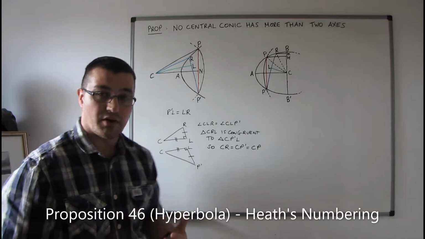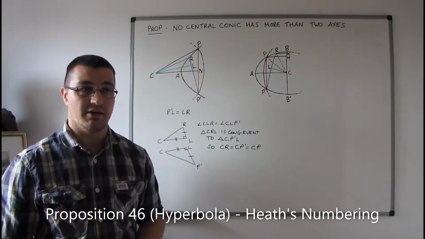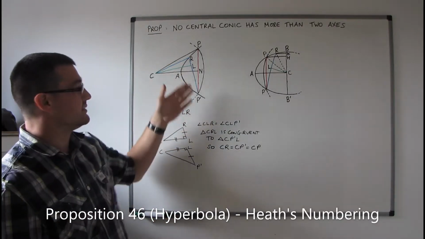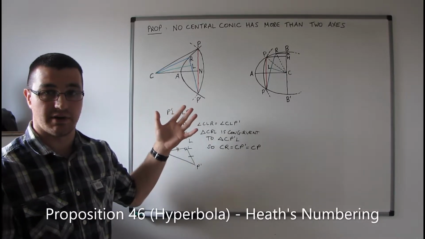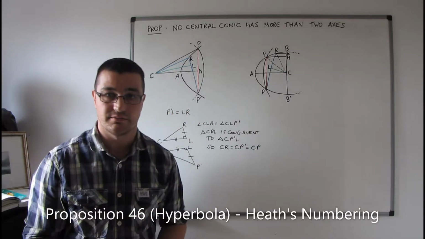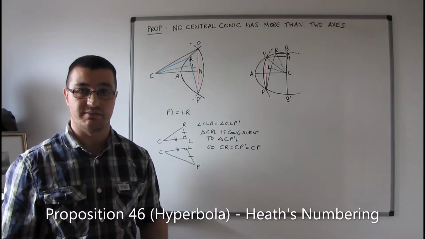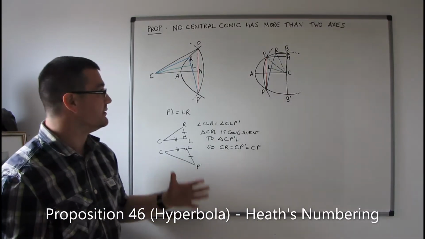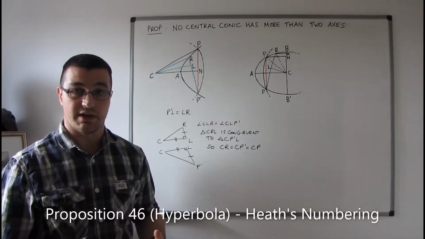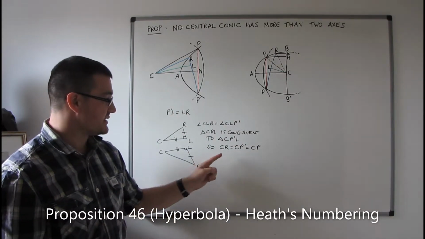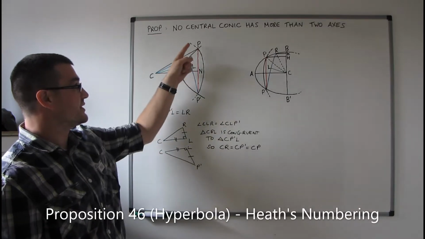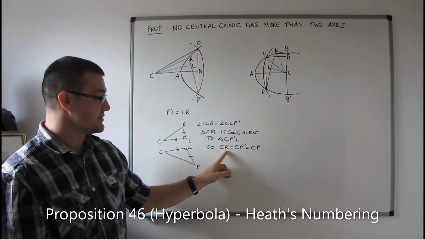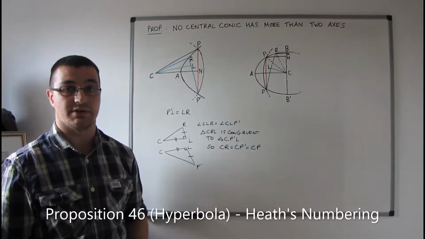From a modern perspective, it might not be acceptable to simply say it's obvious from the diagram. There might be a bit more rigour required in modern treatments, but this is Apollonius's work. Apollonius is king here, so we go along with what he says. He says it's not possible for the circle passing through P and P primed to pass through a third point, which is what is suggested here. Therefore, that is our contradiction.